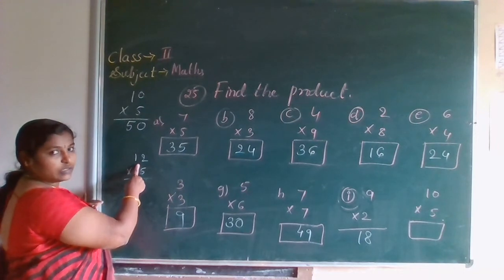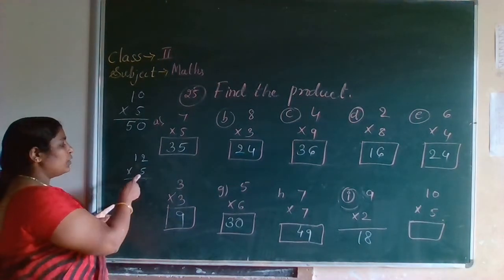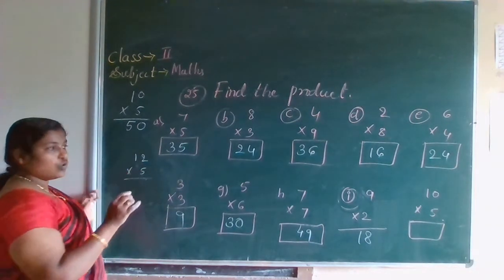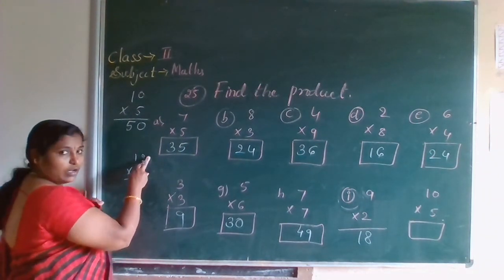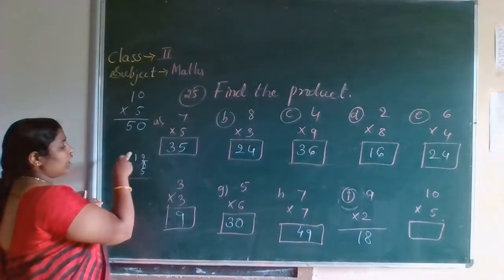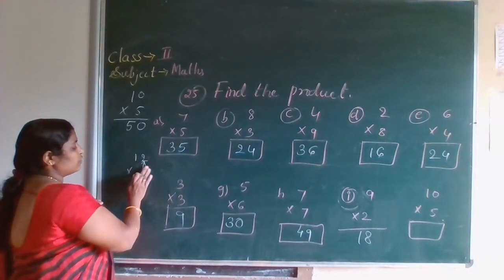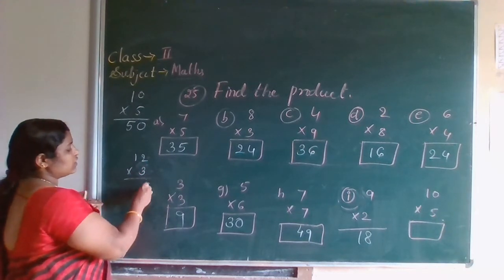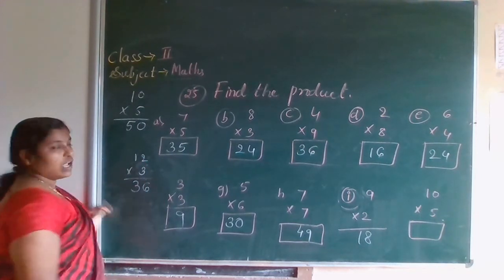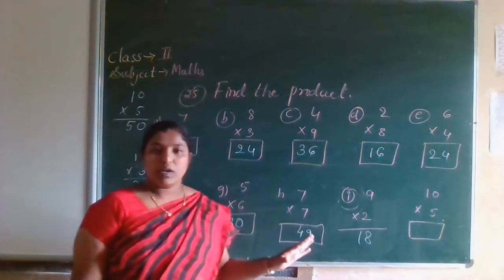Yes, 5 10s are 50 you know, but 5 12s you don't know. So what you have to do is multiply with one number, write that. Again you write multiplication with the other. Okay, I'll write 3. 3 2s are 6, 3 1s are 3.